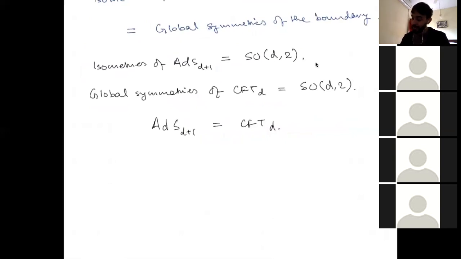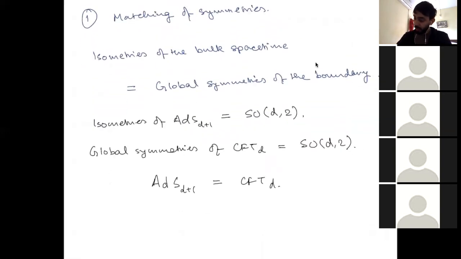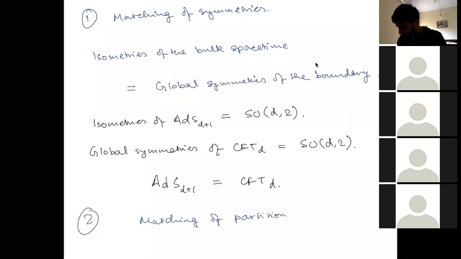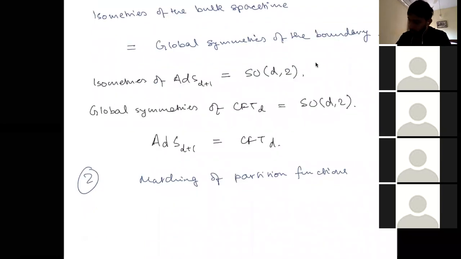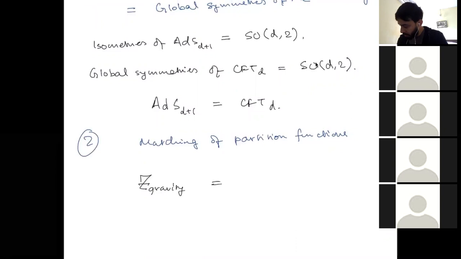We also saw last time that going beyond this, what you can do is matching of partition functions. What we wrote down schematically was Z_gravity equal to Z_CFT, or Z field theory, if you wish.